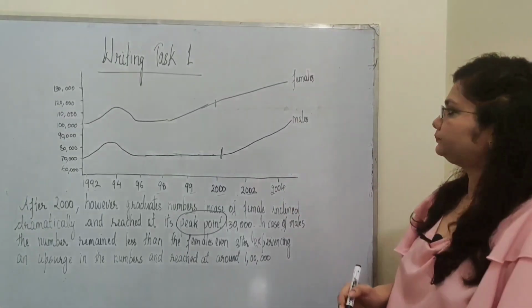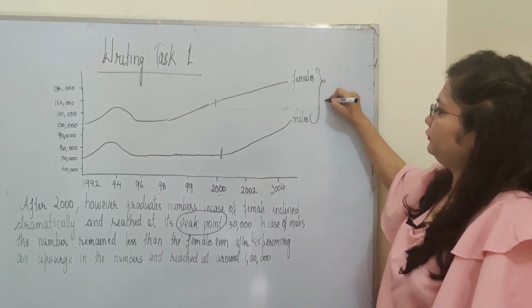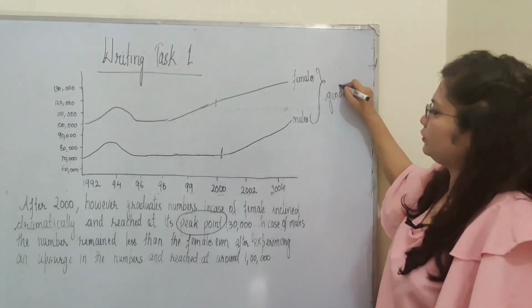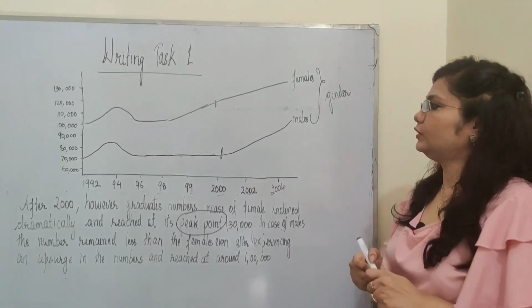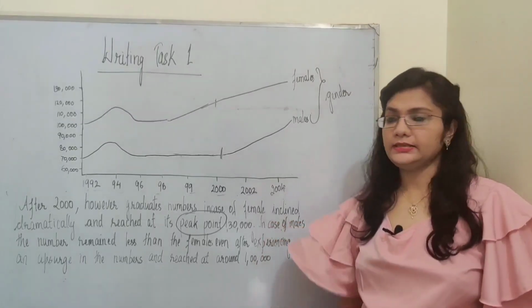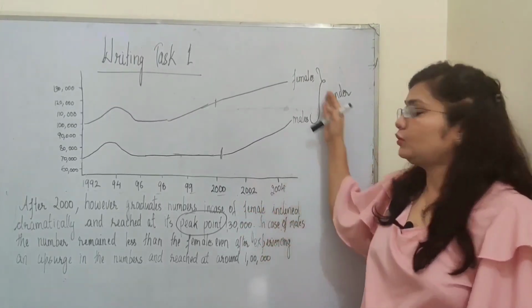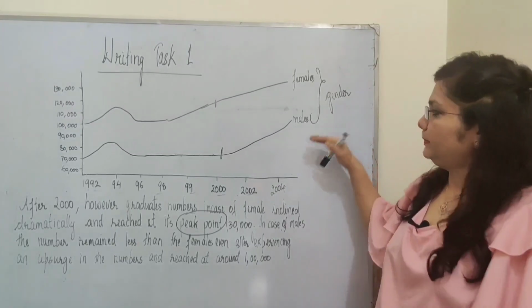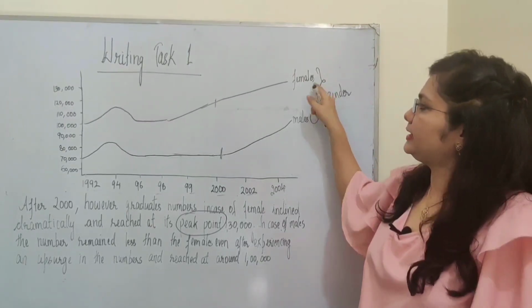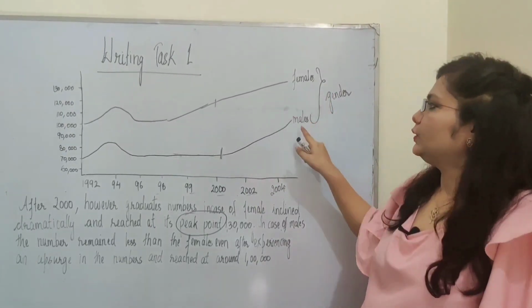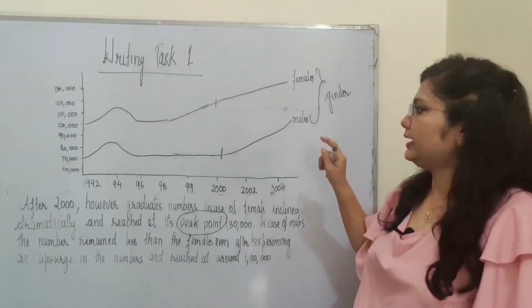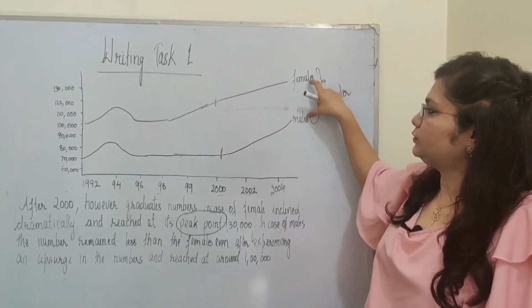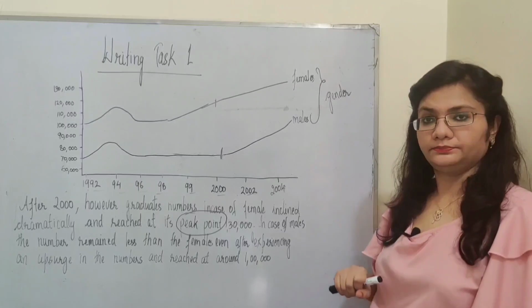Instead of females and males, you can also use gender. You can say, although there was an increase in the number of graduates in both genders, males were lagging behind as compared to the females by 30,000. Now, you need to mention the difference between them.